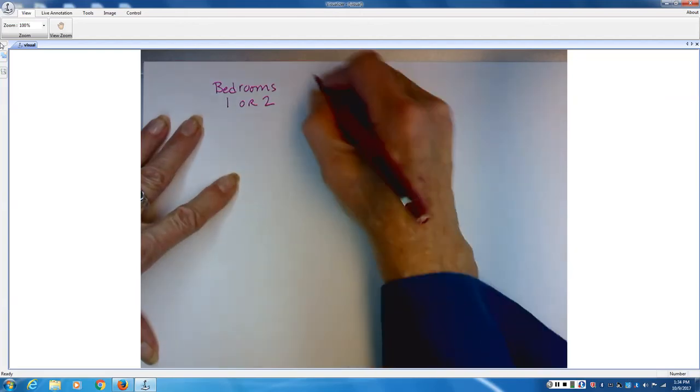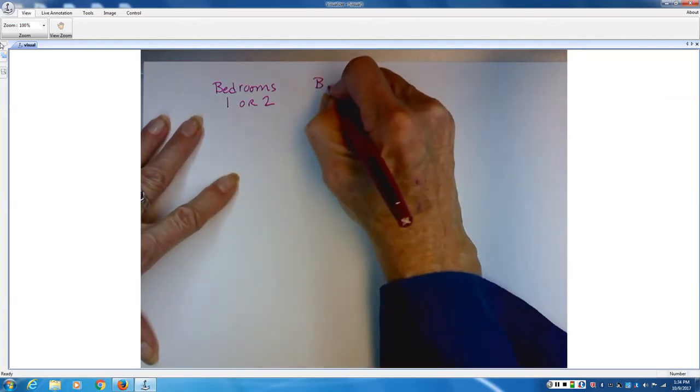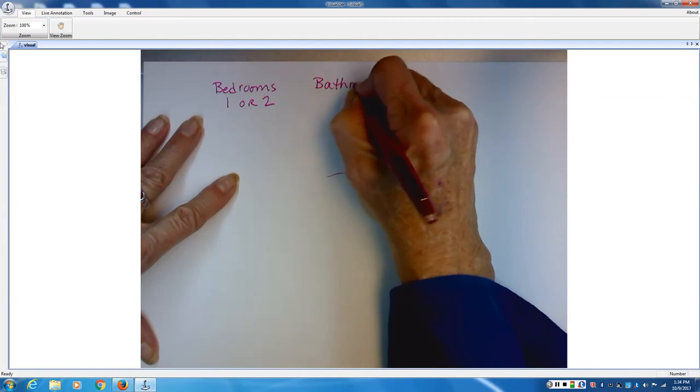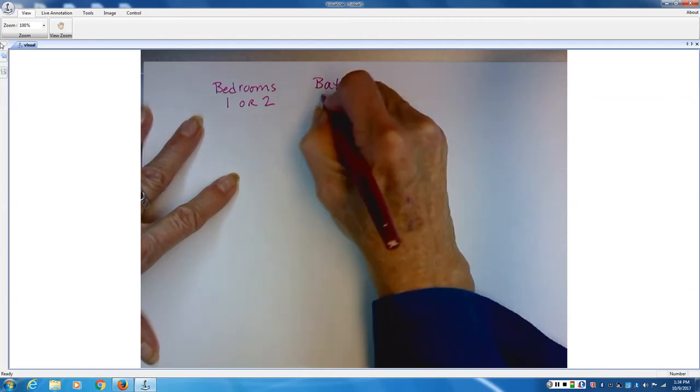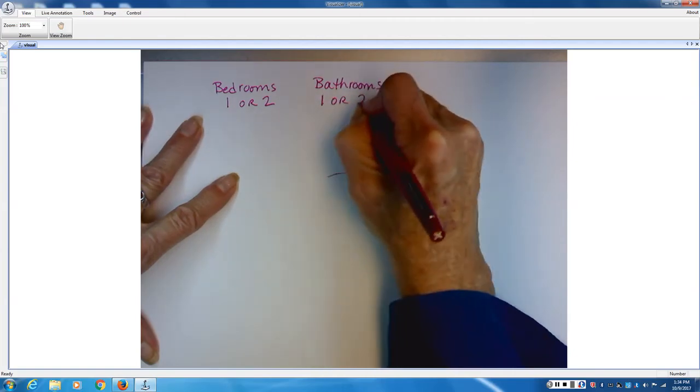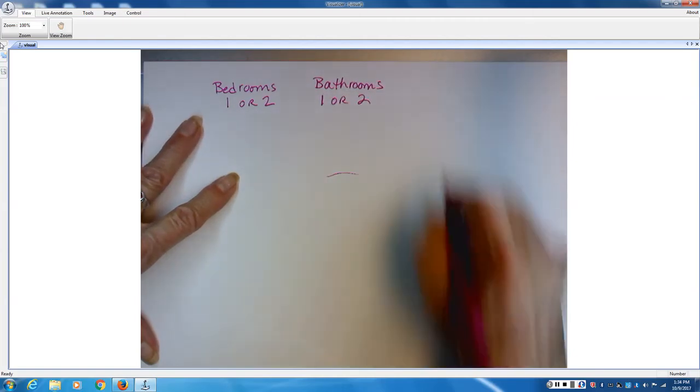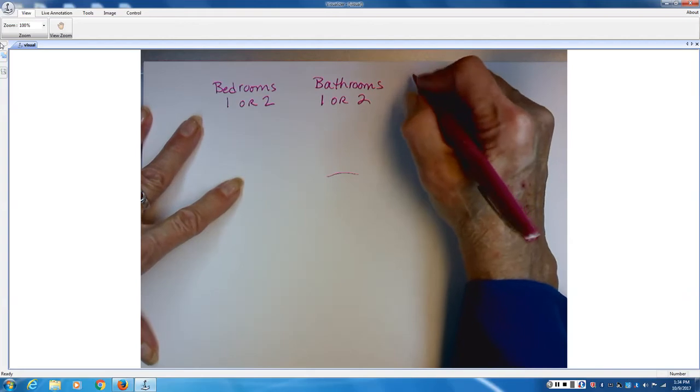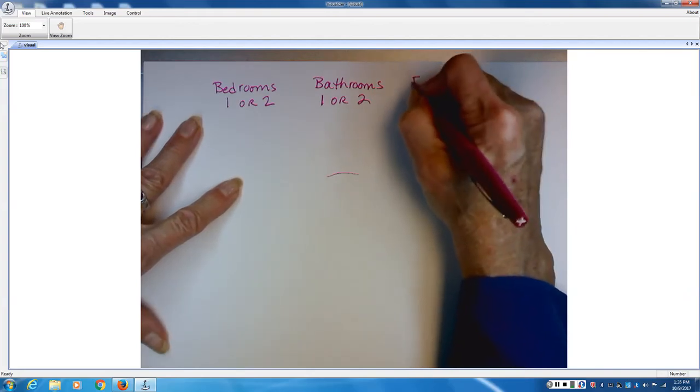Okay. So 1 or 2 bedrooms. One or 2 bathrooms. First or second floor.